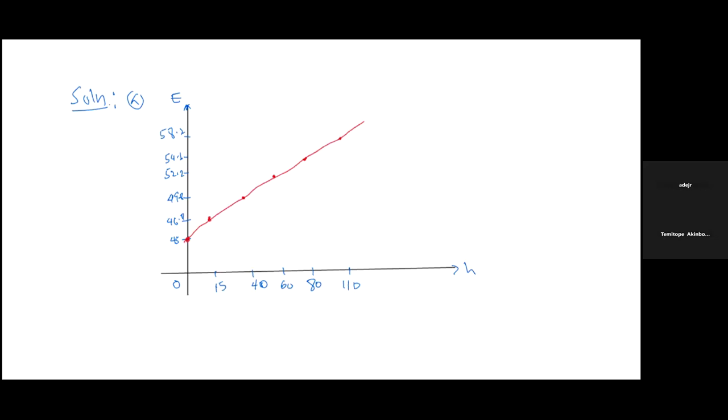Okay, so let's answer question B. So question B says, explain how you know a linear model will be appropriate. How do you know that a linear model will be appropriate?